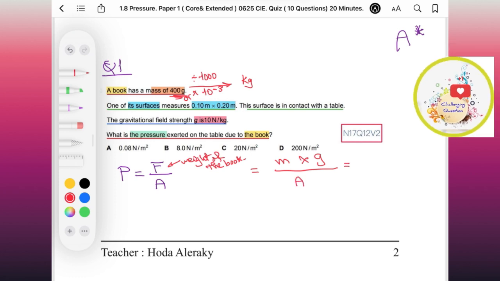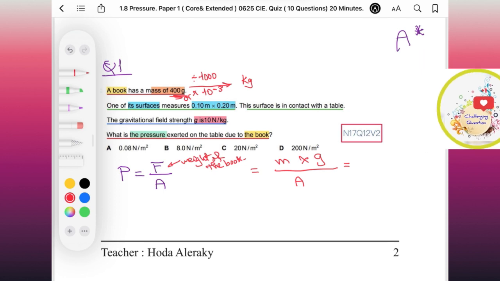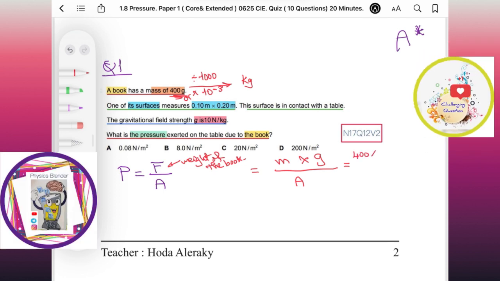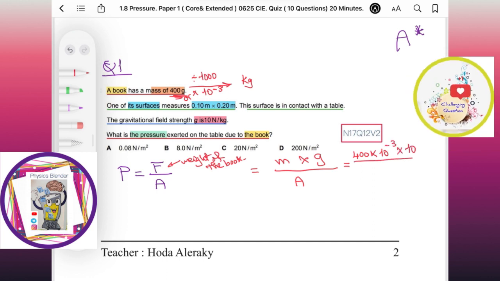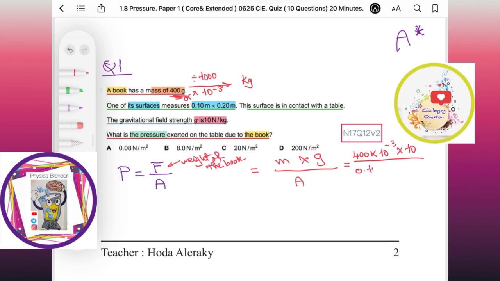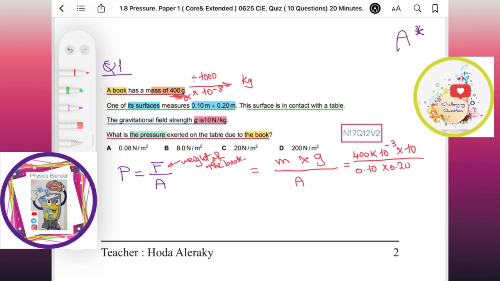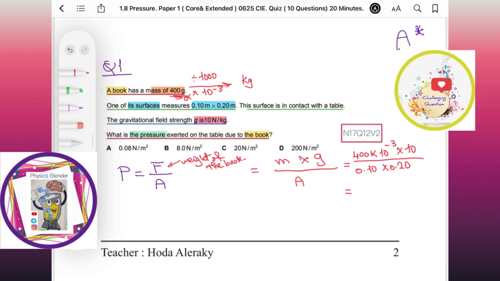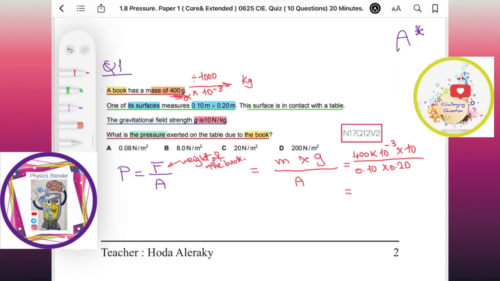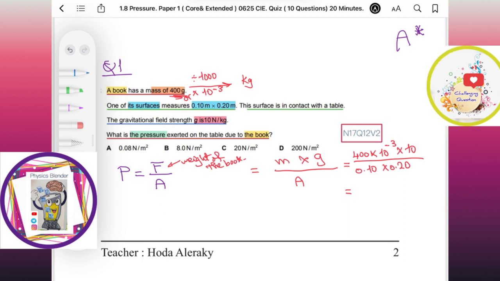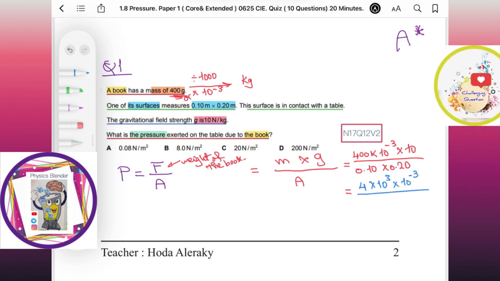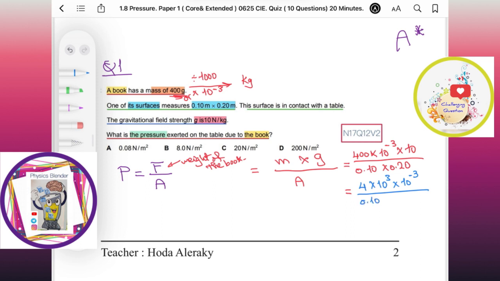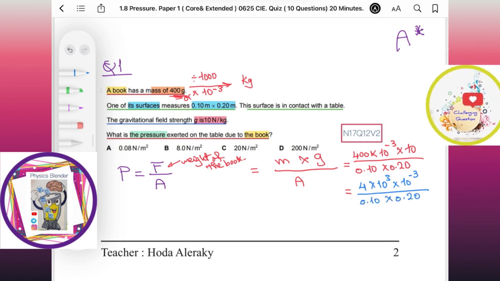area of contact. So you have to convert the mass first: 400 times 10 to the power of negative 3, times 10, divided by the area, which is 0.10 meters times 0.20. When you simplify, you can rewrite in scientific notation: 4 times 10 to the power 3 times 10 to the power of negative 3, divided by 0.10 times 0.20.